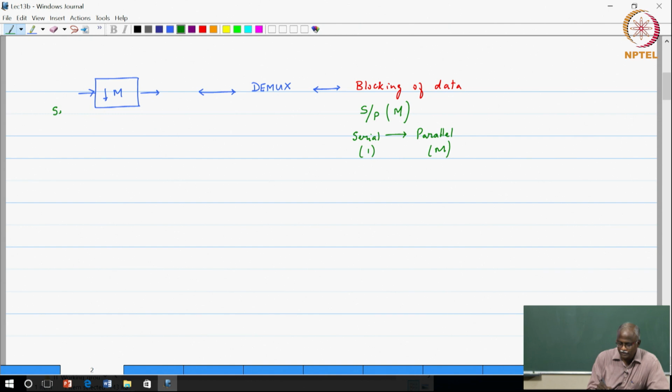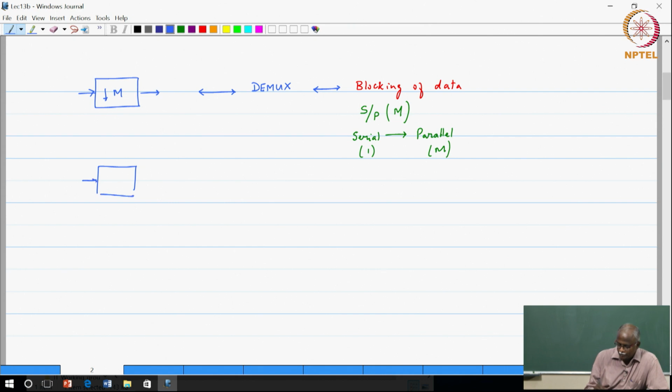You can think of this as the serial stream, and this is effectively the down sampler, where only one stream is coming out, but effectively there are other streams that could be visualized when you look at it in the form of a structure. So, the downsampler has not only the downsampling operation, it is also very closely tied to the demultiplexing operation and also the blocking of data. So, those are linked concepts.